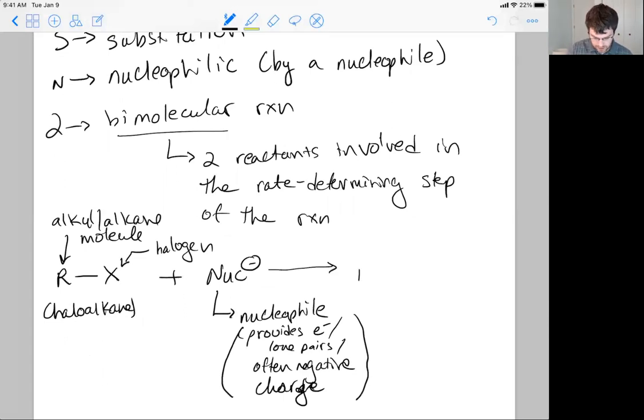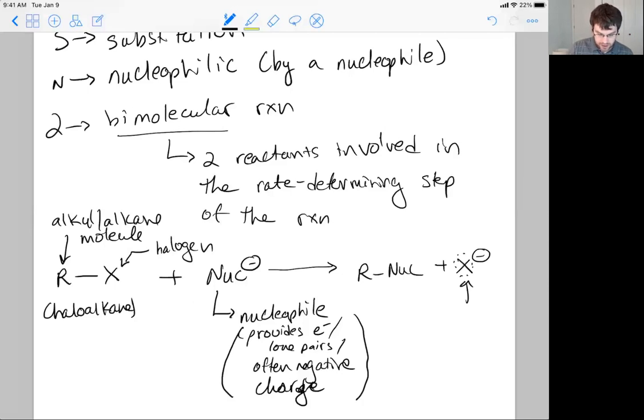And then what we get is R binds to the nucleophile and X leaves as an X minus. Just to recall, the formal charge on X is going to be -1. It's picked up a lone pair of electrons that were once part of the R to X covalent bond.